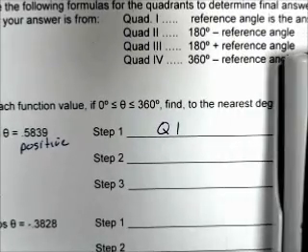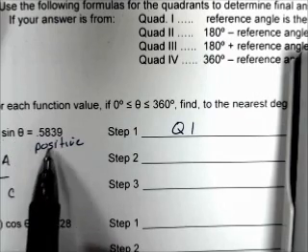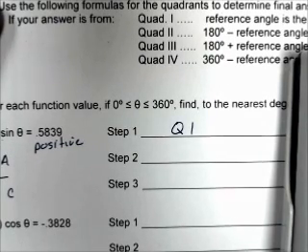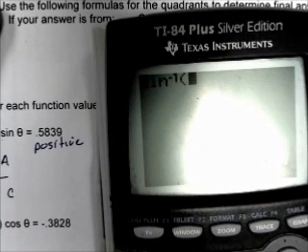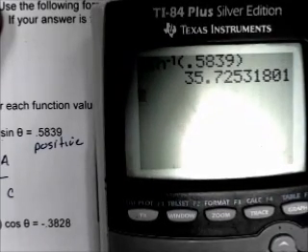So we key in second sine of 0.5839. This is the reference angle, and we want this to the nearest degree.